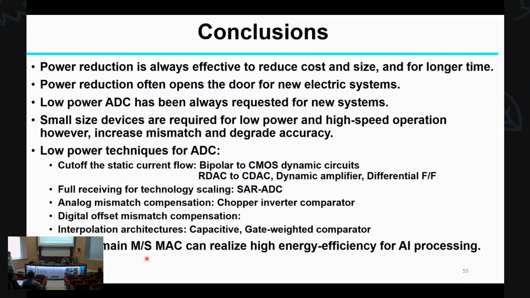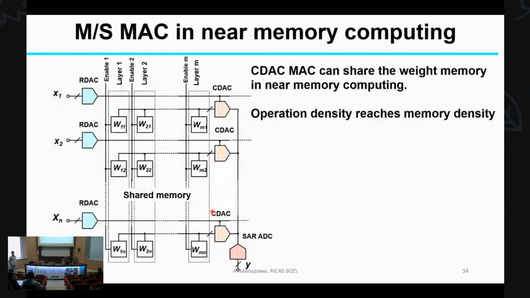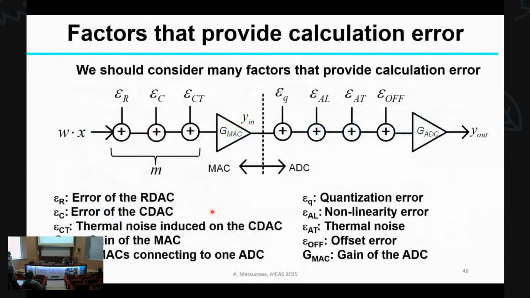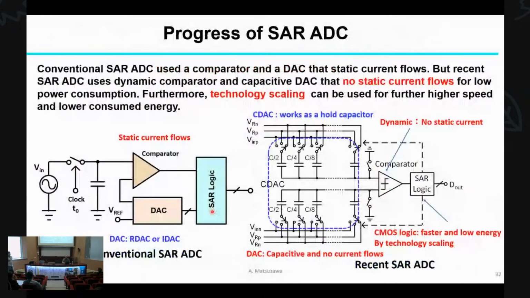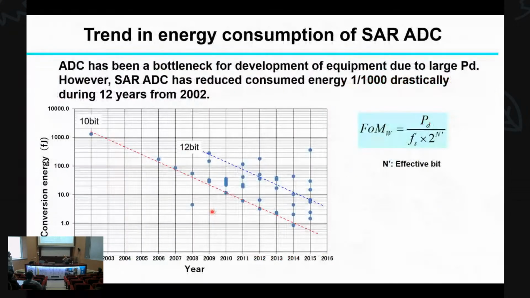Yeah, the power consumption of the ADC has drastically reduced. Compared with the previous technique, current ADCs reduced the power so much. However, the issue is this is for a 10-bit ADC, which is okay.